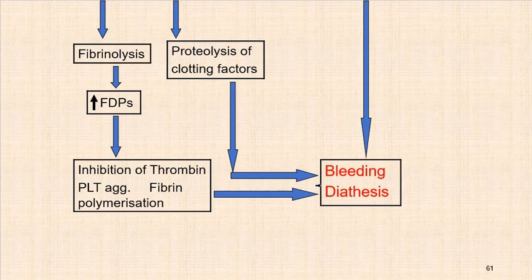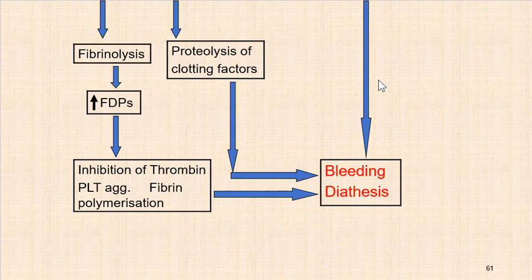And the fibrinolysis and plasmin formation also lead to proteolysis of clotting factors, because clotting factors are after all proteins, and they are cleaved by plasmin, and this also leads to deficiency of clotting factors, and finally leads to bleeding diathesis.